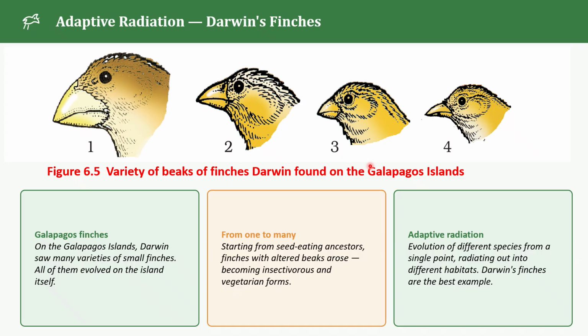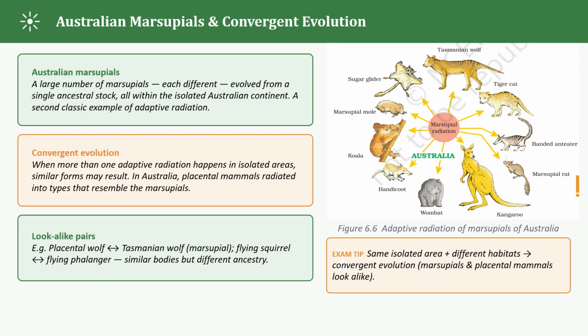Darwin's finches are considered the best example of adaptive radiation. How to remember? One ancestor, many species and different habitats. That is adaptive radiation.